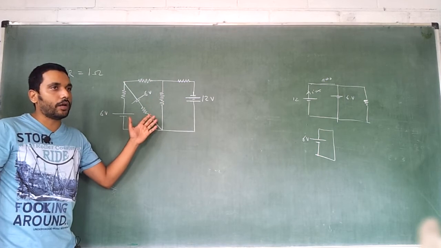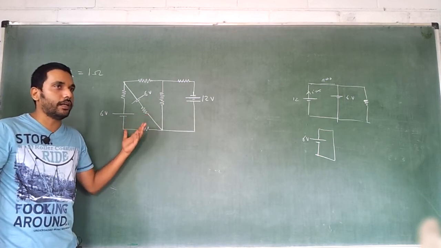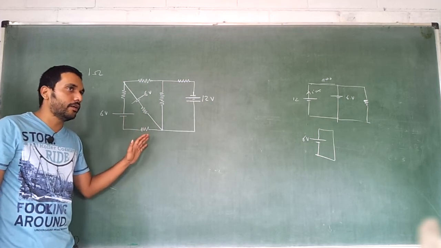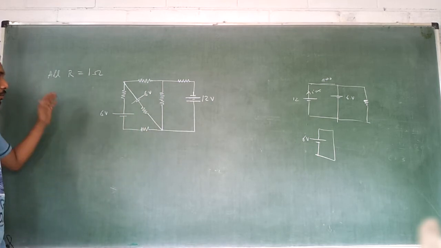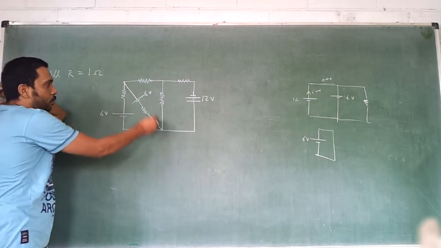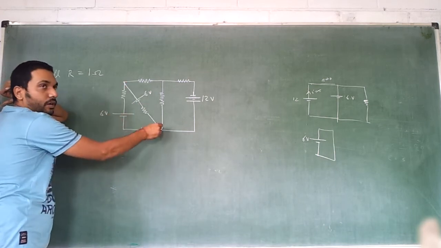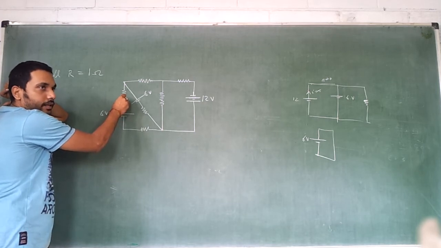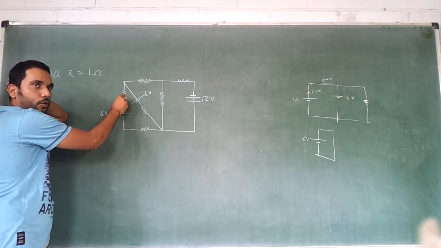Now coming to this, I know this is not in parallel with that, but whatever is in parallel to whatever, I will try to solve it one by one and I will get it. I am not going to solve it for you. I am just going to tell you the steps because I have to do something else today. This one is in parallel to this one. These two can be considered as a single resistance of 2 ohm.